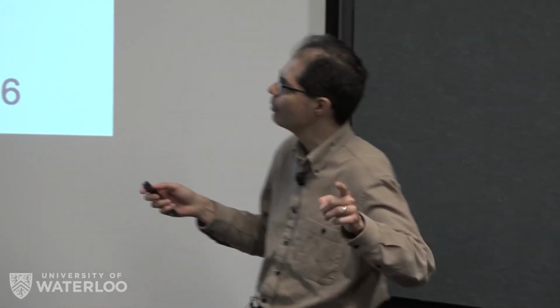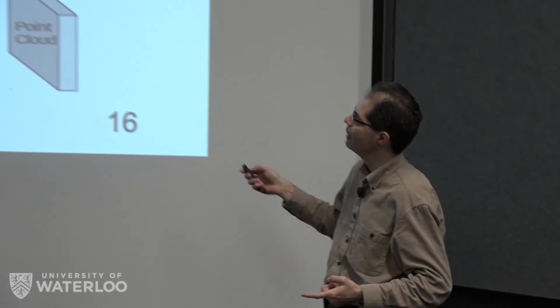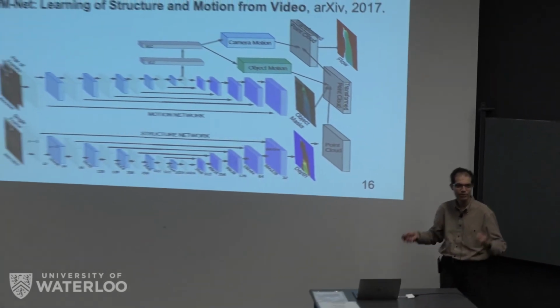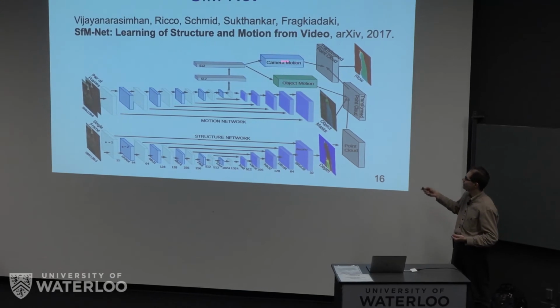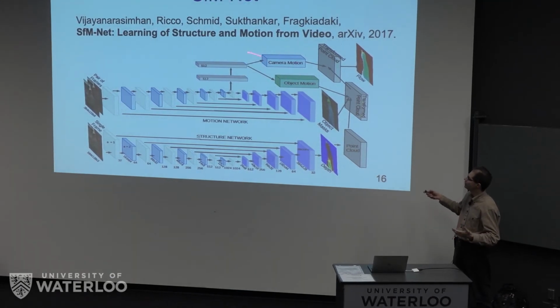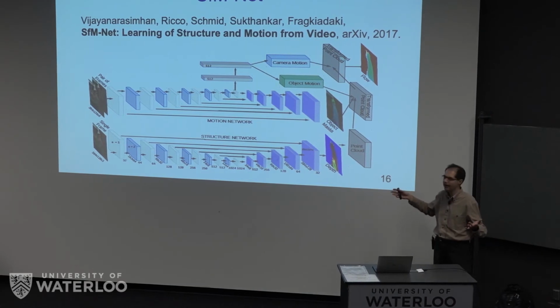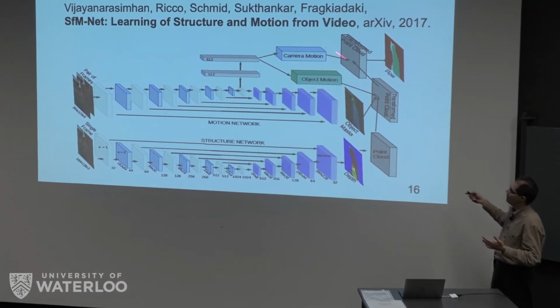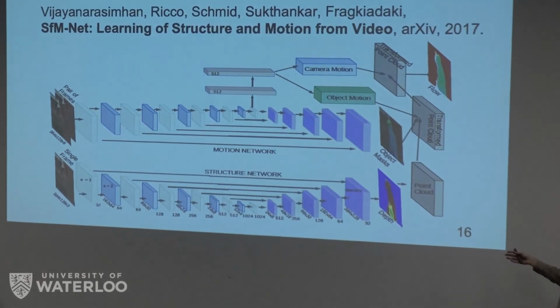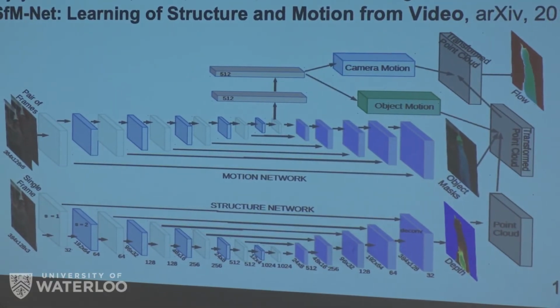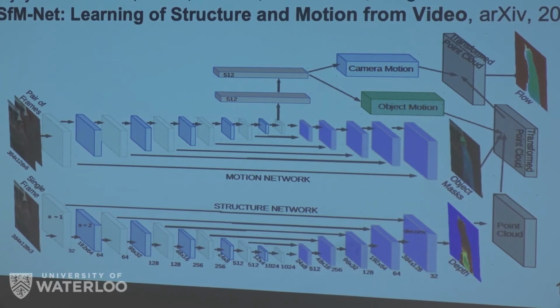The question is, how do we know that what I've labeled here, camera motion and object motion, is really camera motion and object motion? Because these are just intermediate vectors being computed in this entire network, right? And from that perspective, it could just be computing something else that does not correspond to camera or object motion, right?